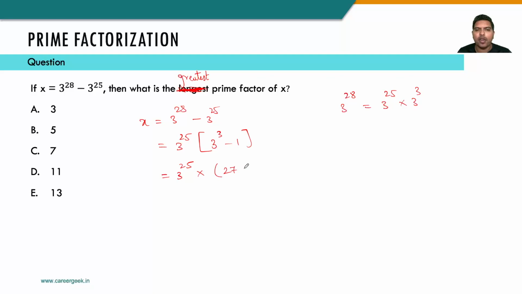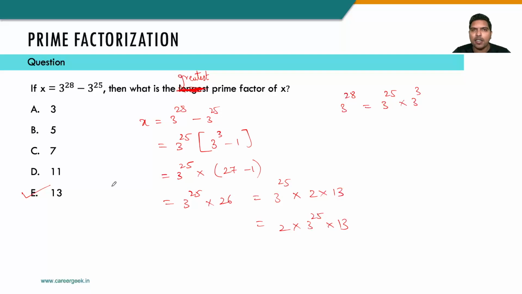It's 27. So 3 power 25 into 26. 26, if I further prime factorize, is 2 into 13. So 2 multiplied by 3 power 25 multiplied by 13. So there are 3 prime factors, 2, 3 and 13. The greatest prime factor is 13, which is option E.